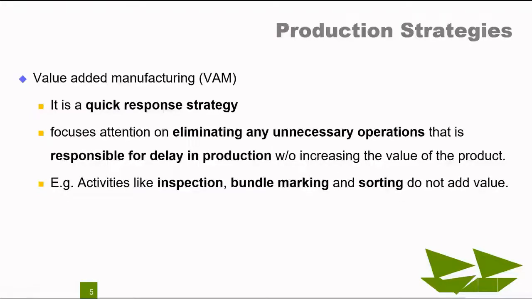So examples are activities like inspection or bundle marking or sorting. They do not add value. They only delay the production. But we do it because that's the kind of system that we have in India, where we don't have great people. We don't have scientists working in our factories.